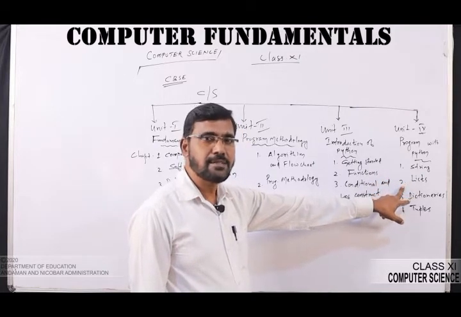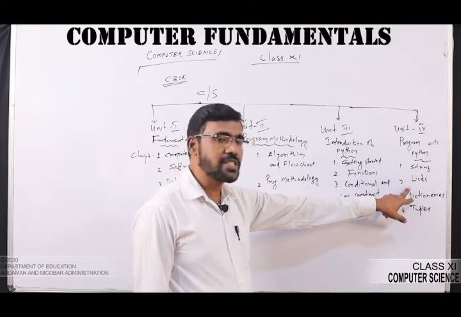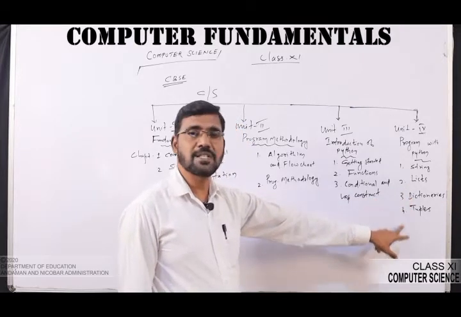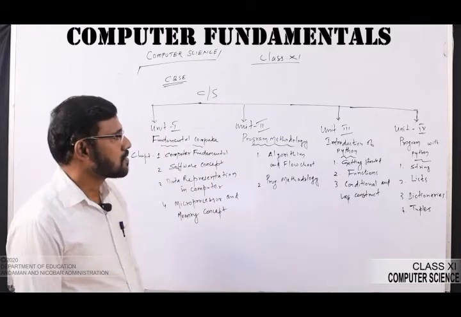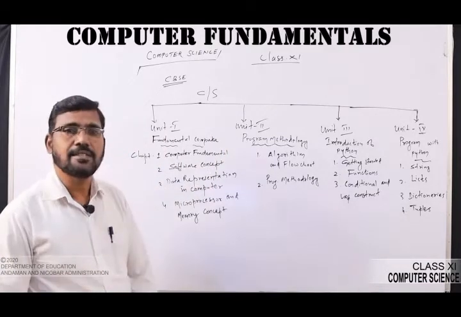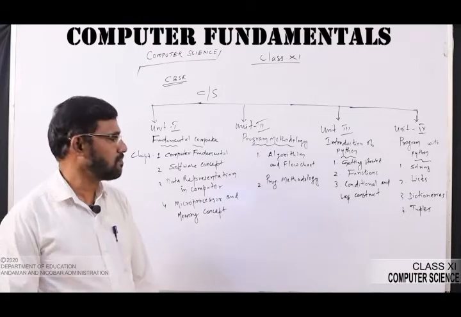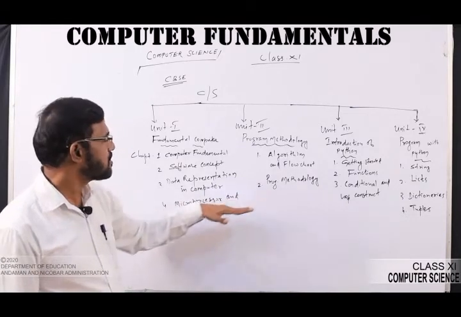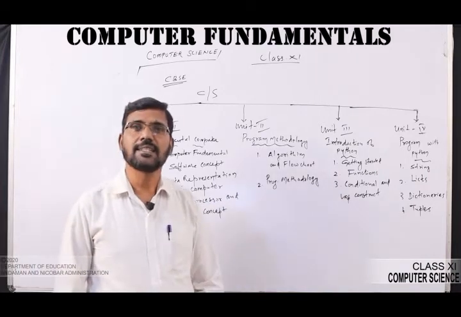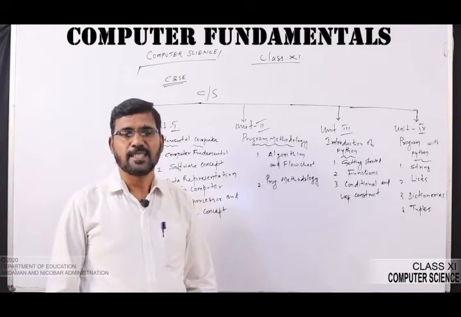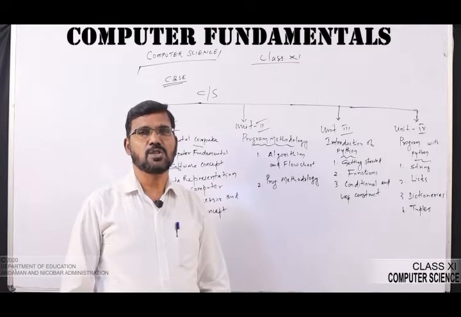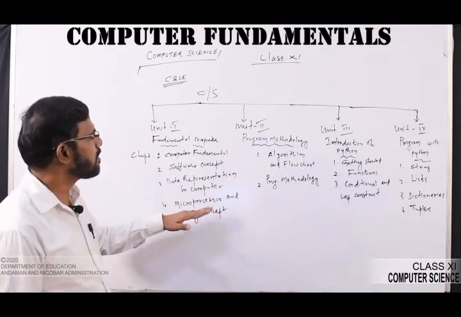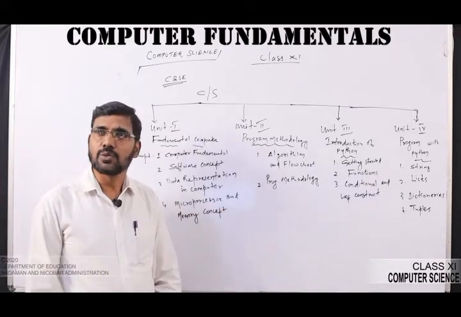All these are technical terms: a list, third is dictionaries, fourth is tuples. Like this there are 13 chapters given, and all class 11th students who opt for the computer science subject must go through them one by one.